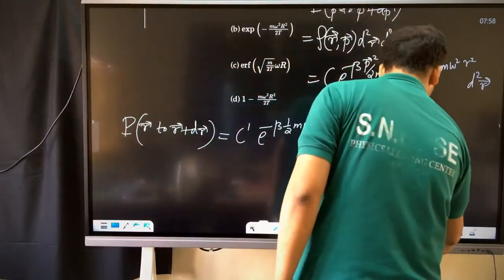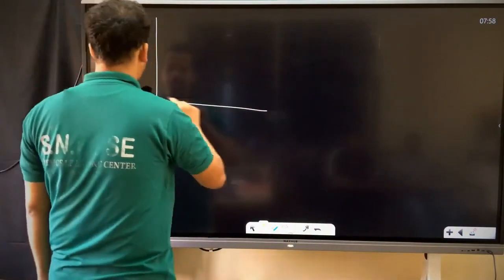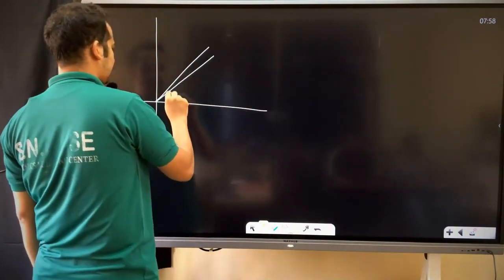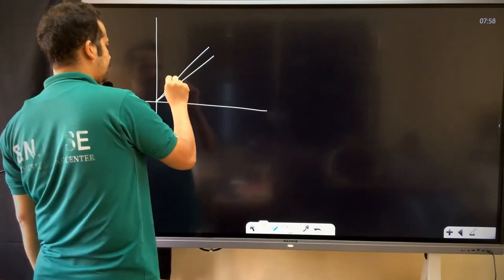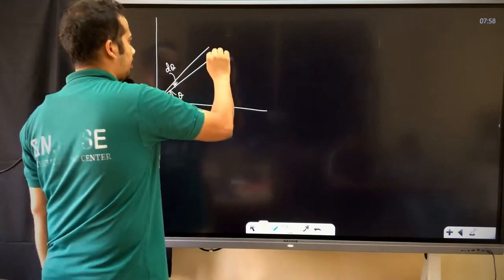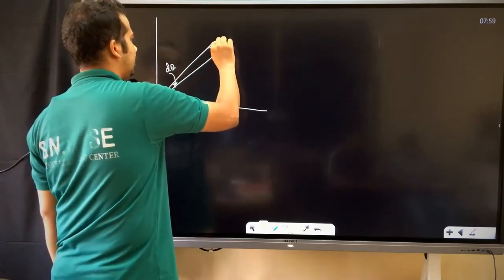Now what you need to do is, you should understand this one first. On a plane, this is theta, this is d theta. So there is a patch of area, an elementary area. I'm trying to define the infinitesimal area element here.